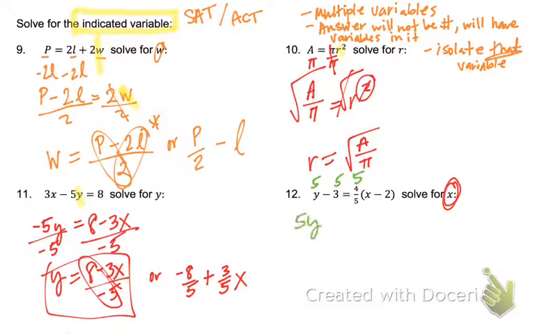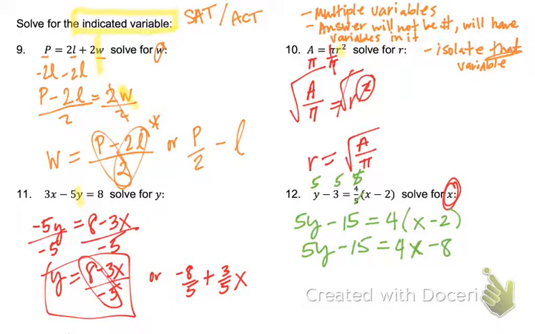So you have 5y minus 15 equals 4 parentheses x minus 2. Go ahead and distribute the 4. Oops, why did I put an 8 there? 4x minus 8.